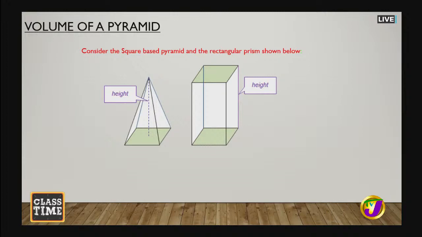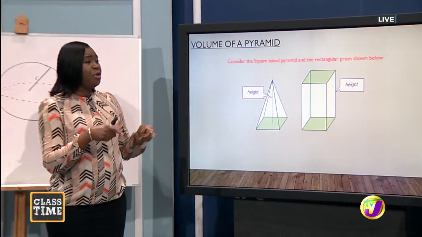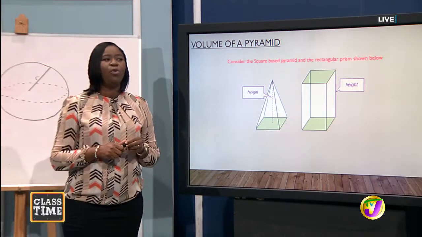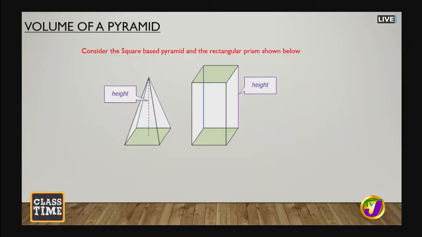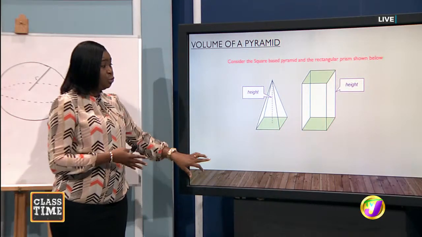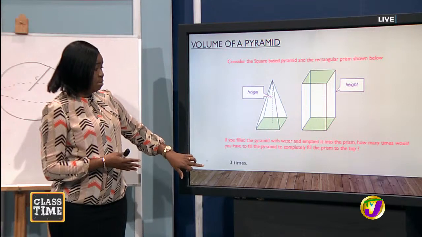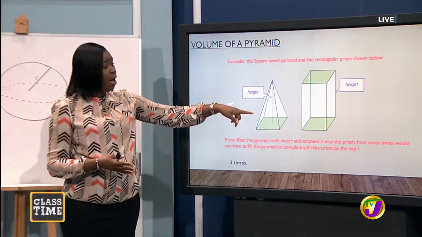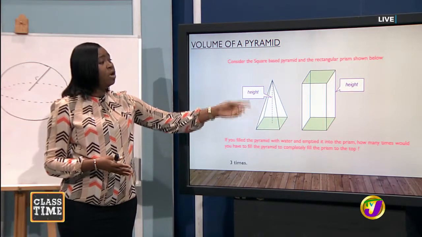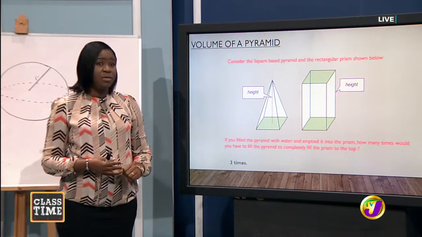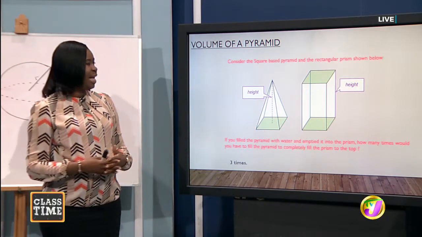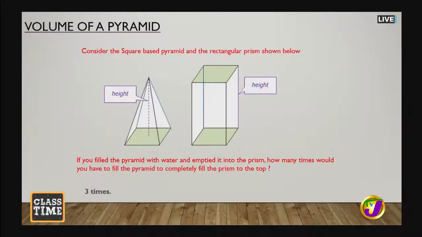And we notice that the square base pyramid is tapering off just as our cone tapered off at an apex. We tried it and saw that it took three square base pyramids filled with water to fill the rectangular prism. So we can now generalize that this formula applies to the square base pyramid as well.